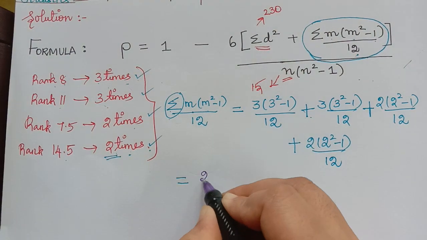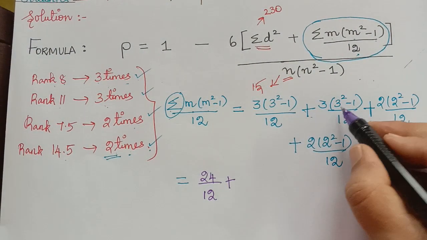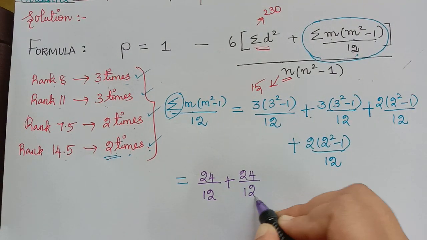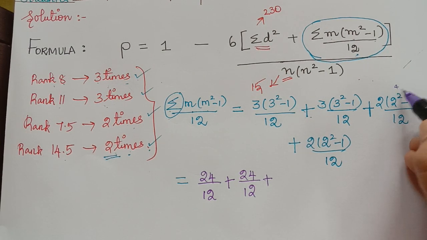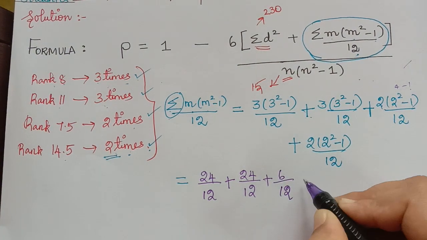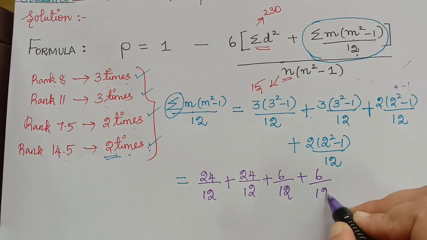So here you have 24 by 12. Then plus. Now here again the same value, so again 24 by 12. Plus. Now here, what is 2 square? 4. So 4 minus 1, 3. 3 twos are 6. So 6 divided by 12. Plus here also the same value, so 6 divided by 12.